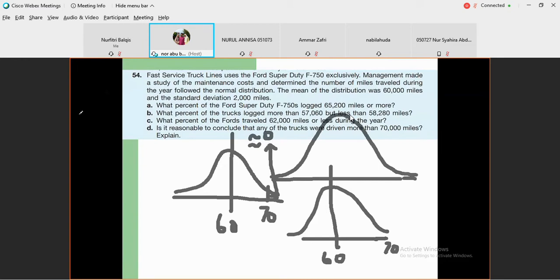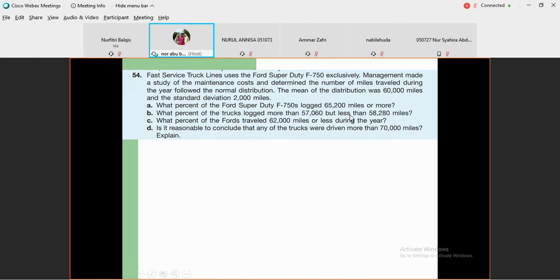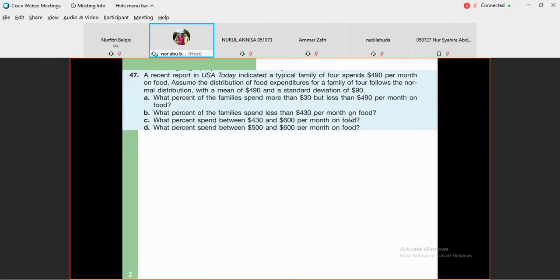Okay, jadi itu adalah discussion on what we have done. Untuk soalan yang kedua tu, saya akan provide the solution, okay, for both questions, and then you can check your answer according to the solution.